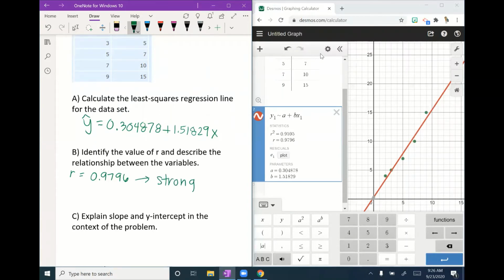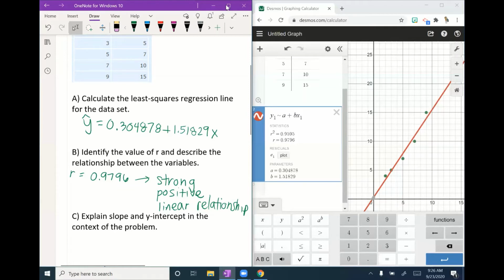Strong positive because it's a positive value. Linear relationship. Okay, so 97%, almost 98%, we would say is a strong value. It's close to 100%. It's a positive number. And this is always going to be describing a linear relationship.